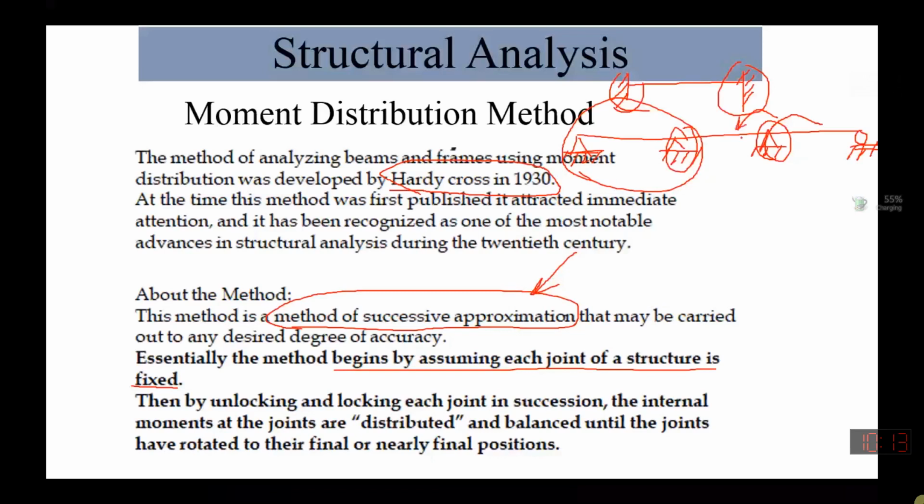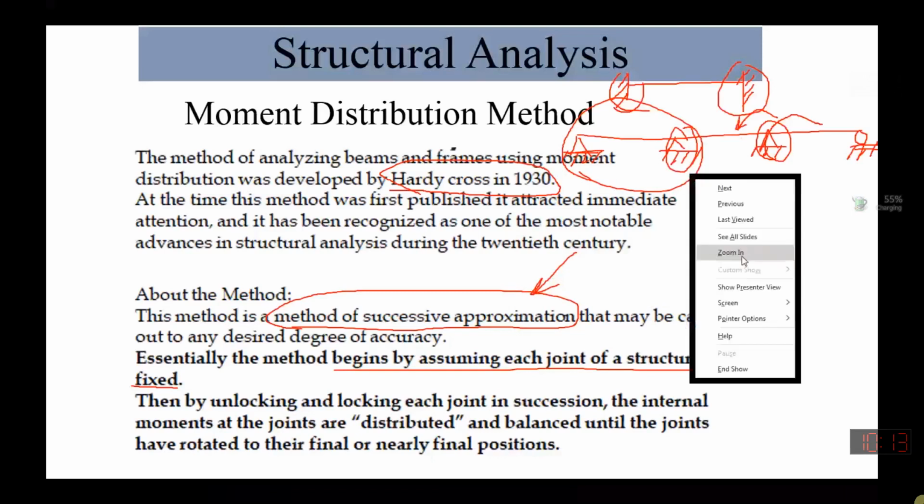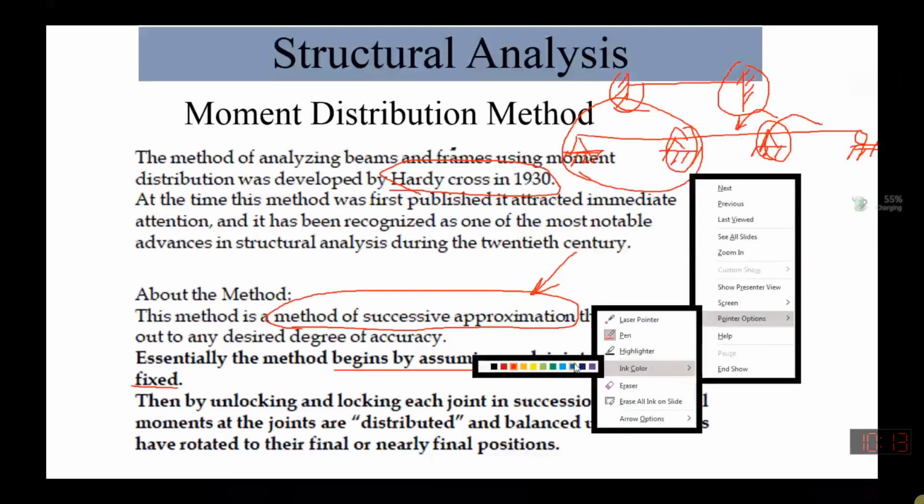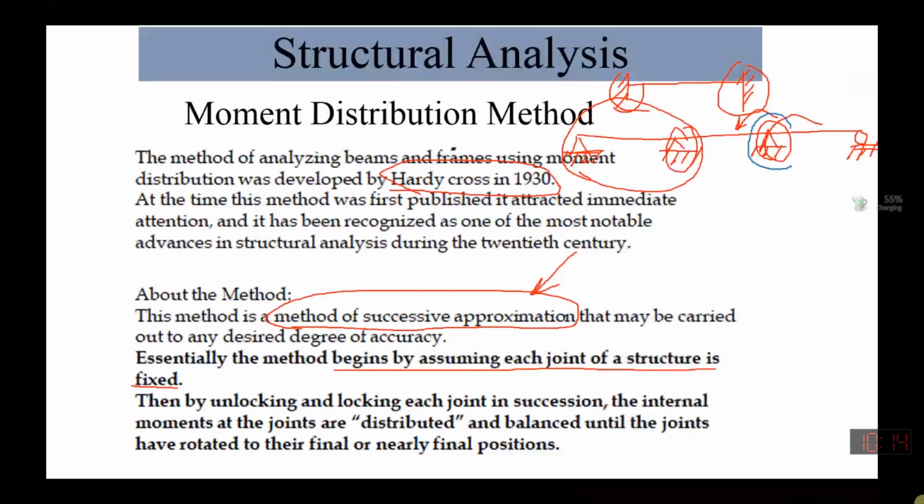Once the moment is distributed, then again we unlock. So it means this is basically what we are doing. Initially we consider that this joint is locked. Whatever moment we can find out through the fixed end moment formulations. We have the formula to find out the moment on the ends due to the applied loads.